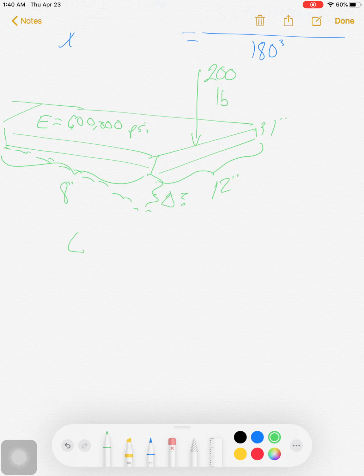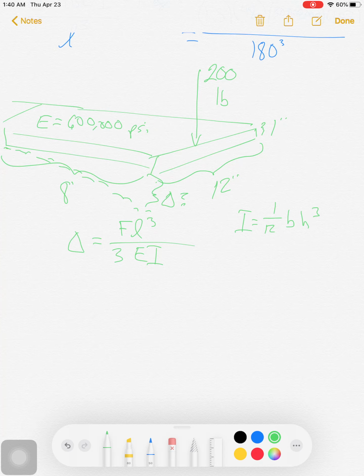All right, so our equation, deflection equals force times the length cubed over, and now is this going to be 48 or 3? Is it held on both ends? No, it's just held on the one end. So this is a cantilever beam, so it's just going to be 3 EI. So we want to find I, which is 1/12 base times height cubed.